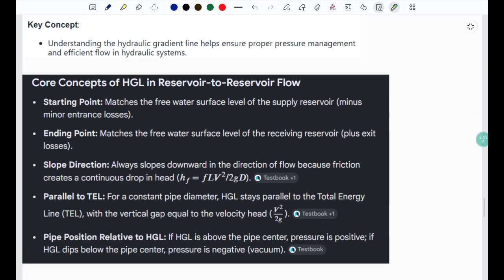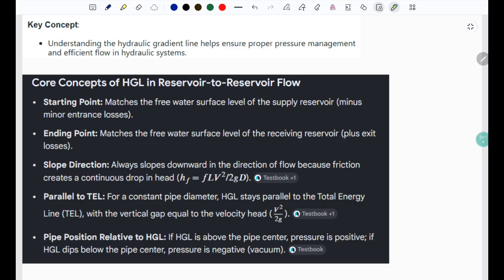So, at the starting point, the hydraulic gradient line matches with the free water surface level of the reservoir, and at the ending point, it also matches with the free water surface level of the receiving reservoir.